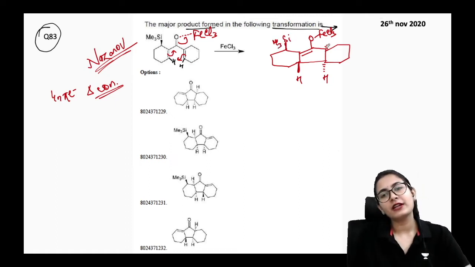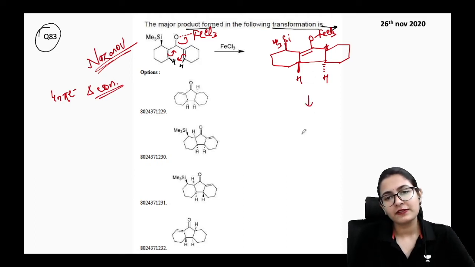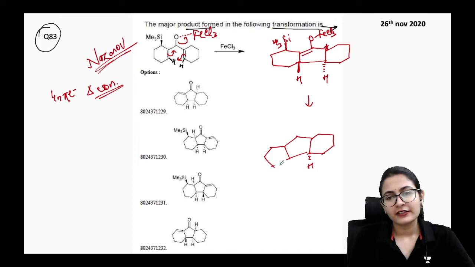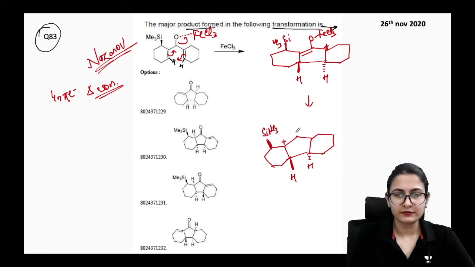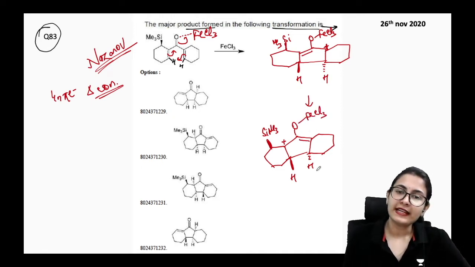Alright, so guys, there's one more thing that you can do. You can just shift this pi bond from here to here. Why? Because on the other side there is a positive charge, so it will happily take away the pi bond, and this side will happily take away the positive charge. In this way. Why is that so?